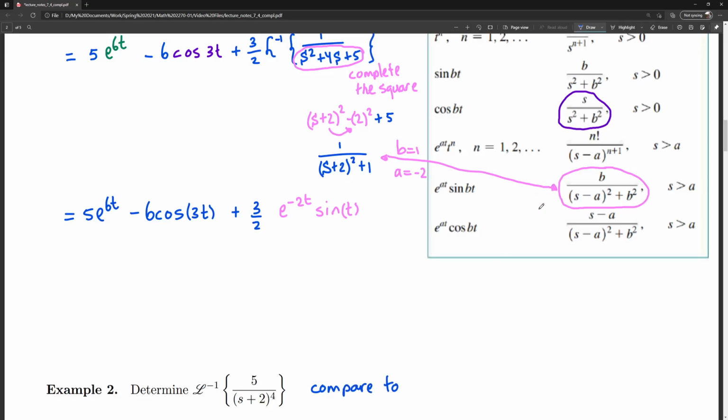The closest here would be something like this. So we're going to compare this with n factorial over s minus a to the power n plus 1.